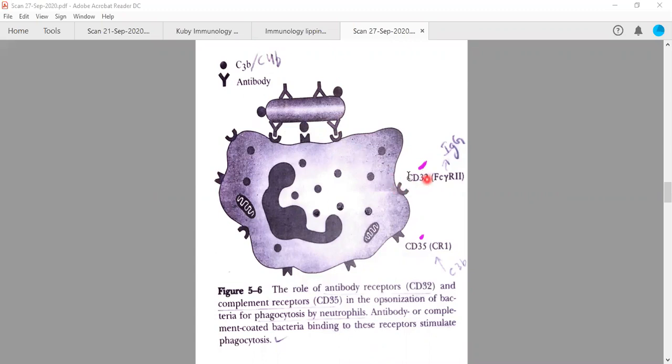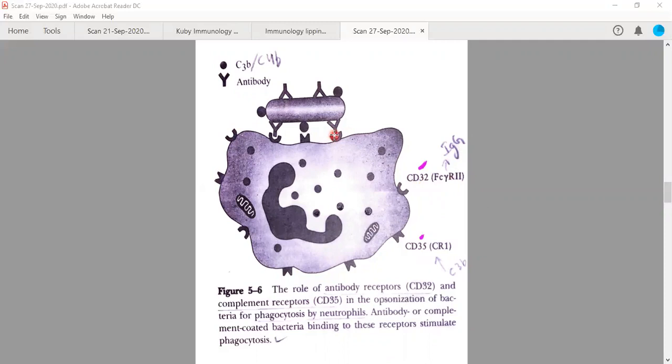This is known as CD32. The CD32 receptor is also known as cluster of differentiation 32 or FC gamma receptor 2. This is the FC region receptor, and gamma is written for IgG. So the major antibodies which can bind to the surface of neutrophils are immunoglobulin G, IgG.